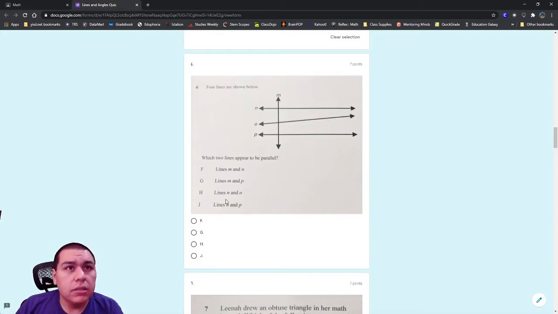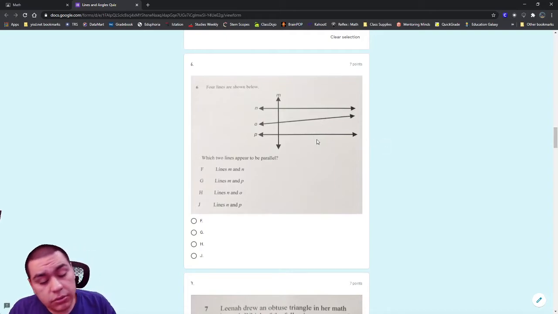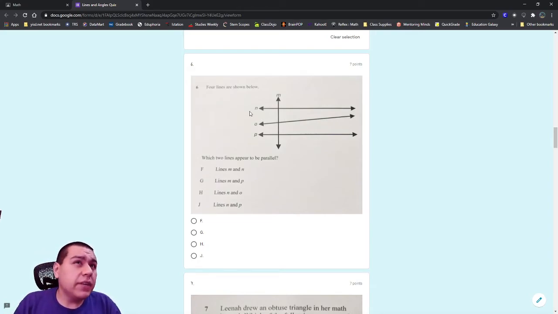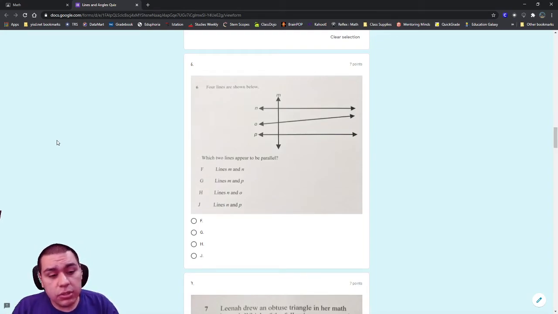J is lines N and P. If I look at those lines, they're not crossing yet. And even if I stretch those lines out forever and ever, both ways, forward and backwards, they're not going to run into each other. So what answer choice should I have picked here?